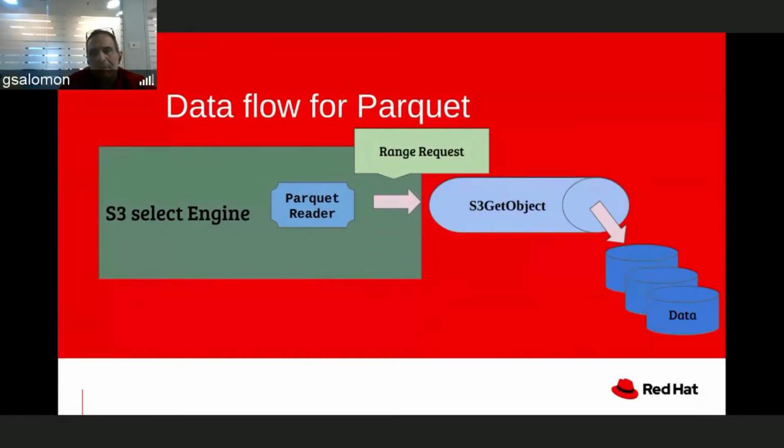At first, the engine verifies magic bytes to make sure it's a valid Parquet object. The next step, the engine fetches the predicate columns. In case the predicate returns true, it fetches the projection columns and calculates the projection statement.